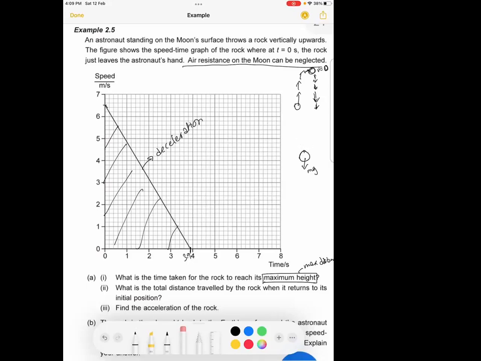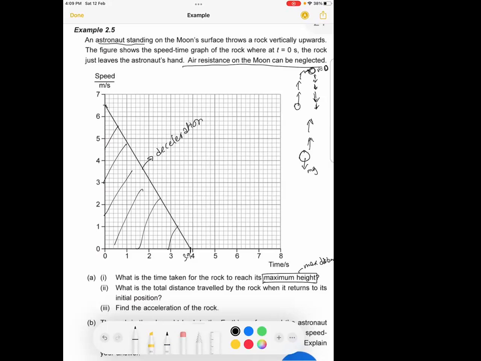This object is trying to go up. It only has the force with which the astronaut is throwing it upwards, so because of that force, it's going upwards.